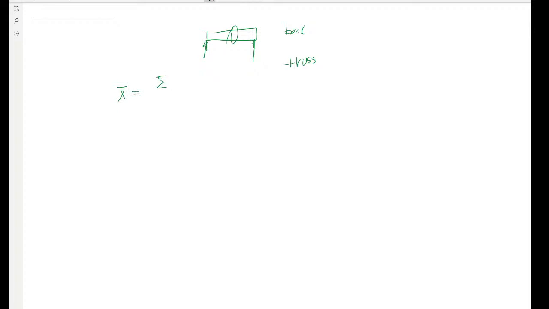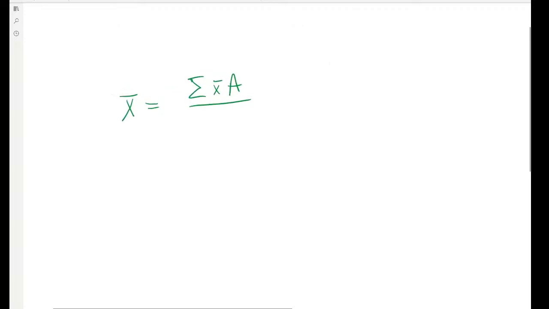Now, there's two ways to think about this. One way is to think of it as a composite. And the other is if, in fact, you had a function.